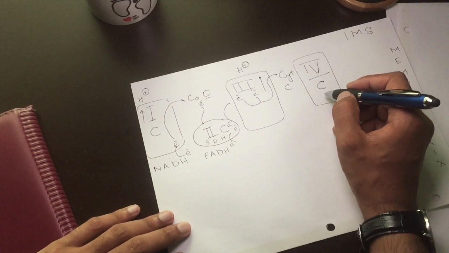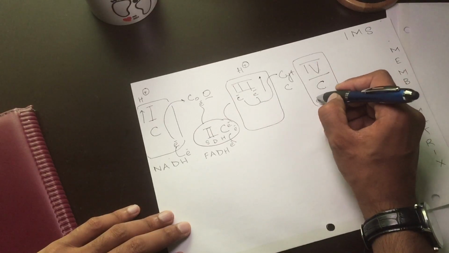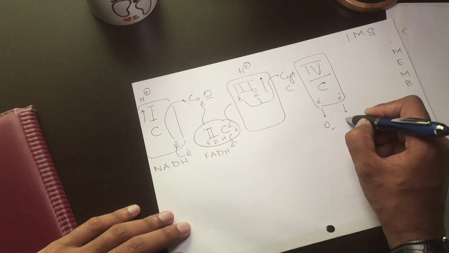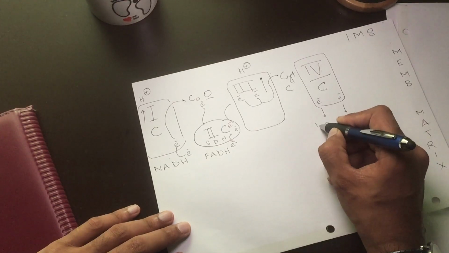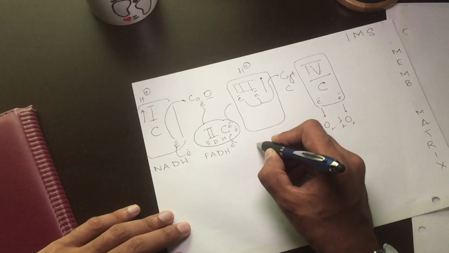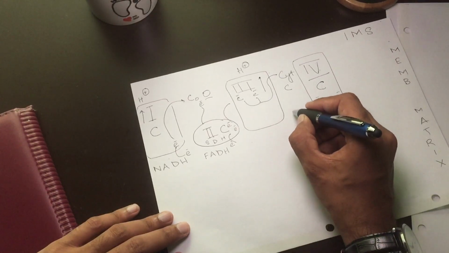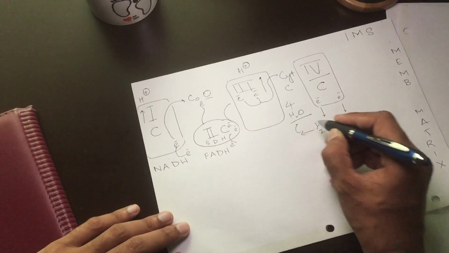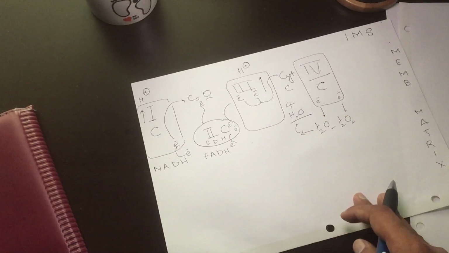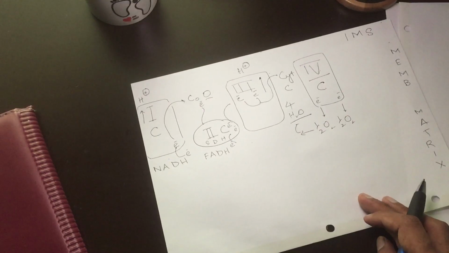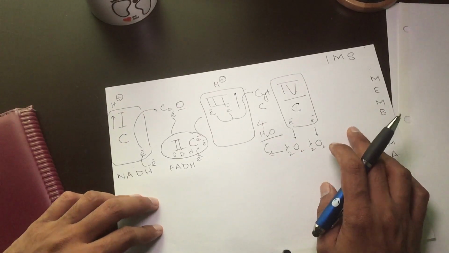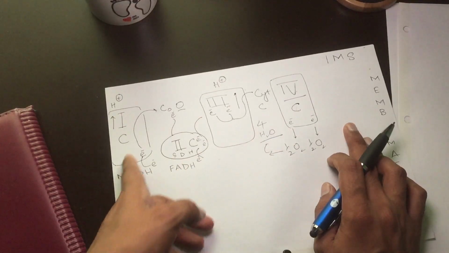In complex 4 these two electrons are given to oxygen molecules, and these oxygen molecules make water. So the final acceptor of these electrons is the oxygen molecule. This is the energy flow. Electrons are the energy flow.